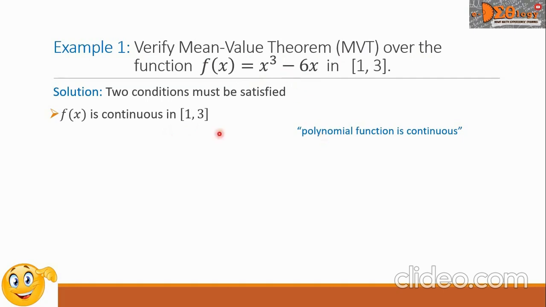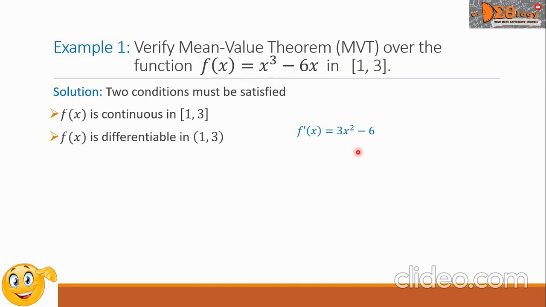So we conclude that this f of x is continuous in the closed interval from 1 to 3.